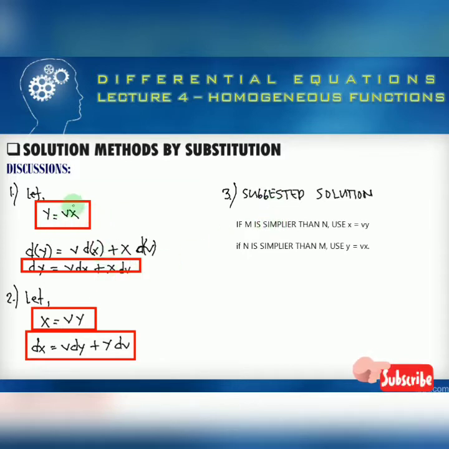You may opt to use one or two depending on the condition: if m is simpler than n, you use the second, x equal to by. But if n is simpler than m, you may opt to use the first, y equals bx. Try to remember this, because in our next slide we are going to proceed with a simple problem application regarding this topic today. Okay, so proceeding.